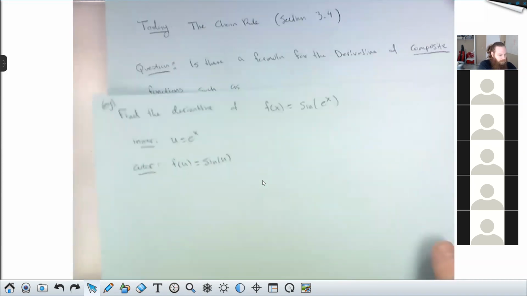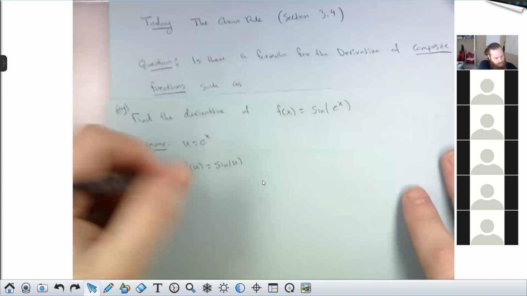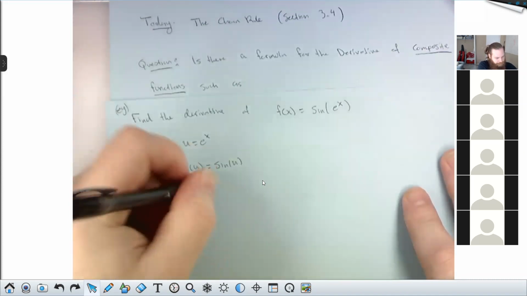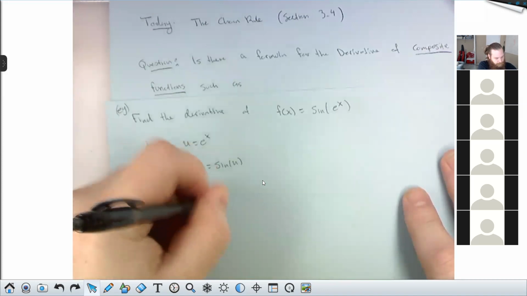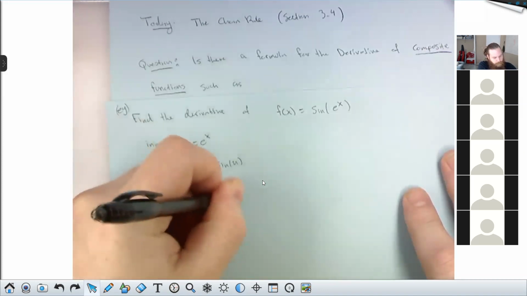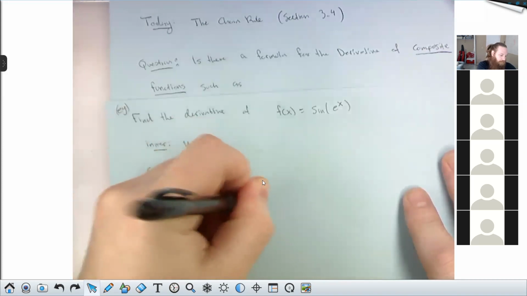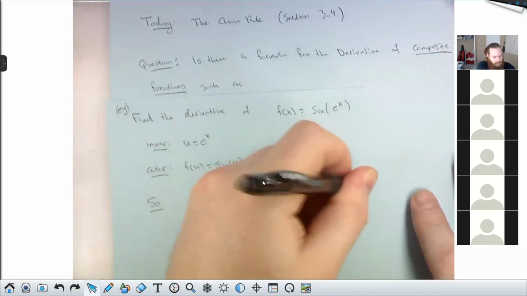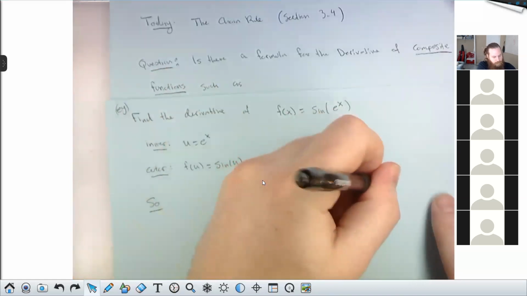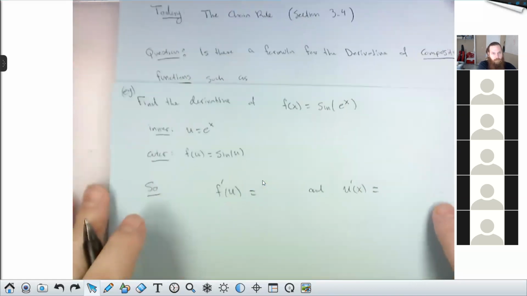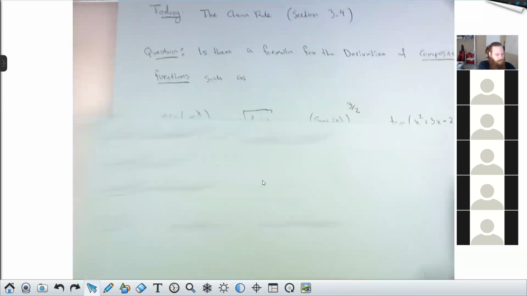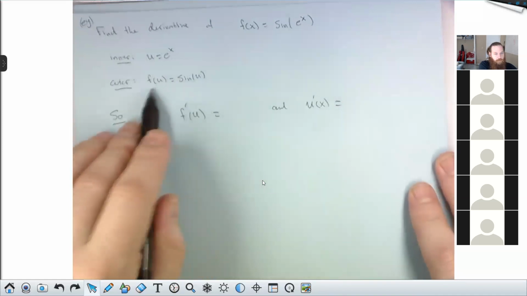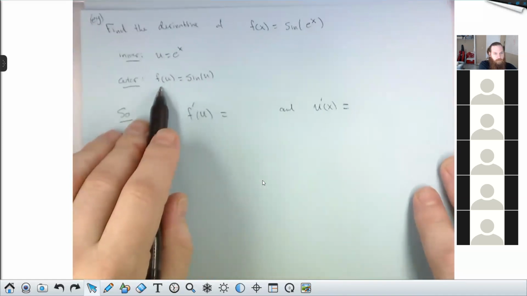So let's come back here and compute f primed of u and u primed of x. All right, f primed of u: if I differentiate this function with respect to u, what do I get?